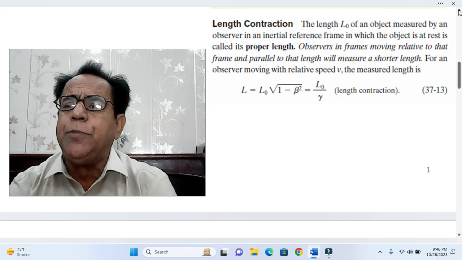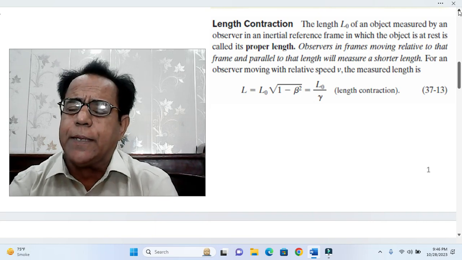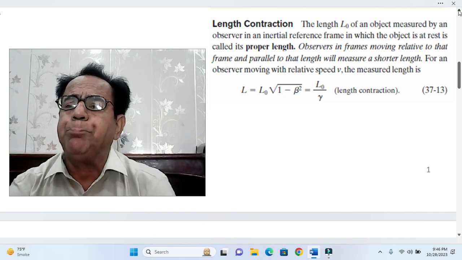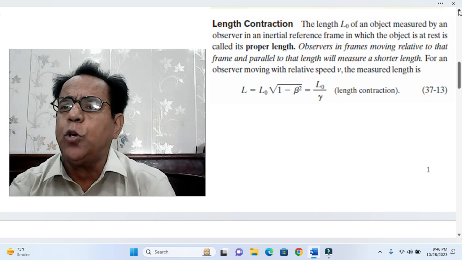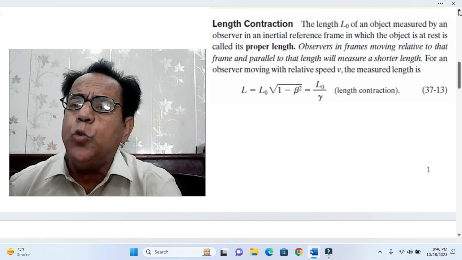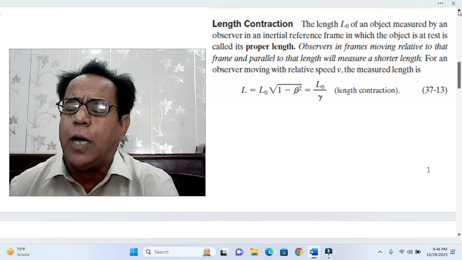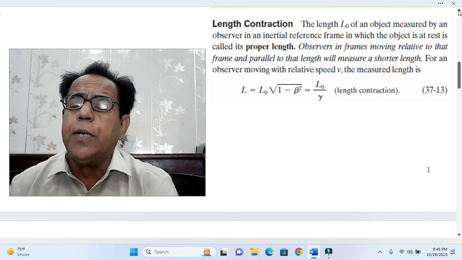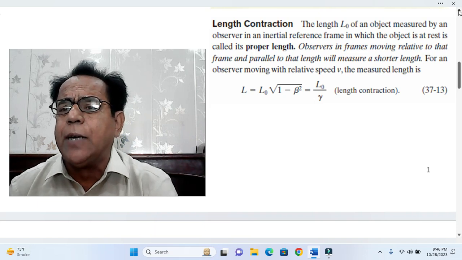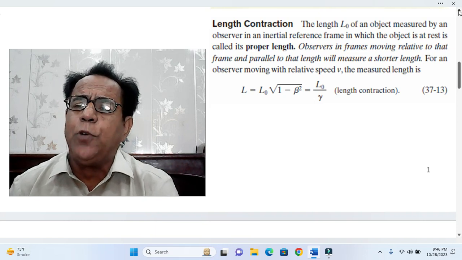Observers in frames moving relative to that frame and parallel to that length will measure a shorter length, shorter in the sense of contraction. For an observer moving with relative speed v, the measured length is L equal to L naught into under root 1 minus beta square. This alternatively becomes equal to L naught over gamma. This is the expression for length contraction.